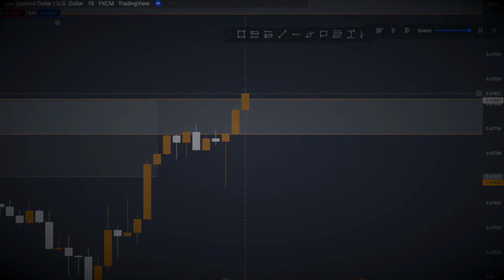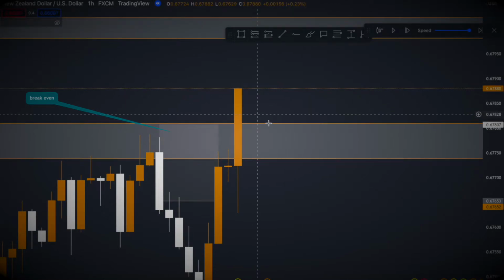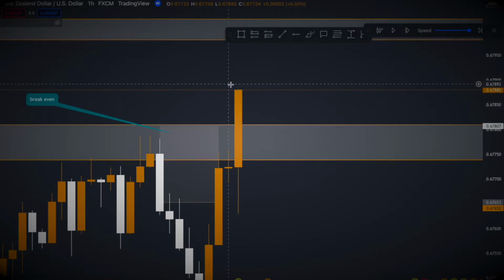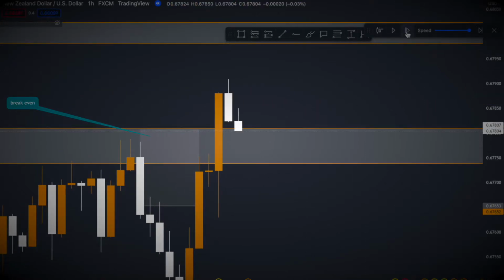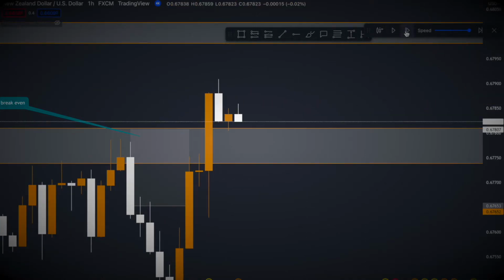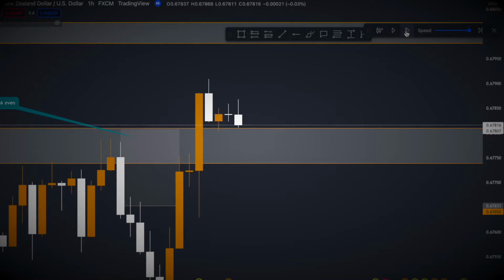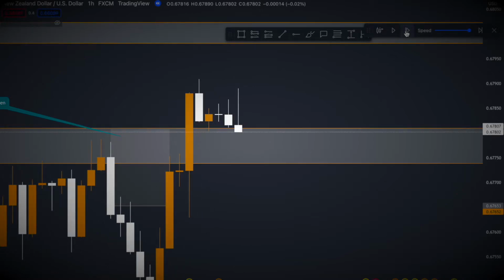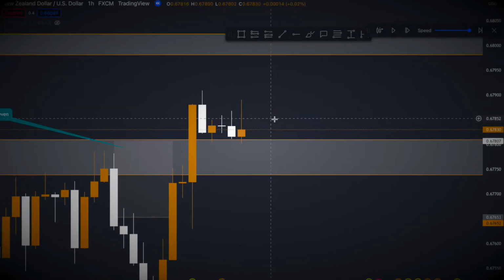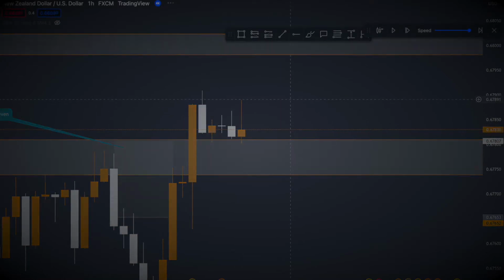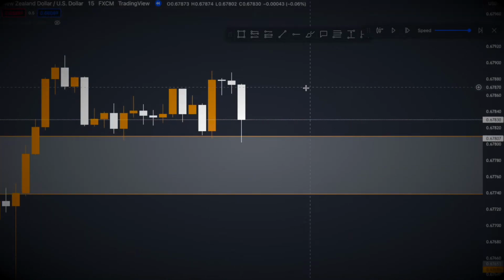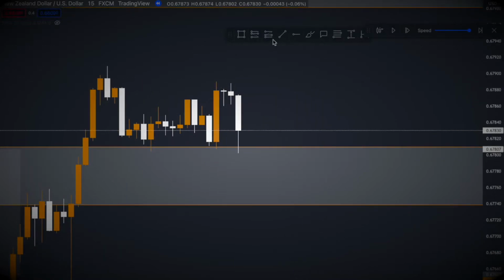Now I'll go to 60-minute and I would want to see 2 wick rejections in this zone. So it's broken out. 1, 2 wick rejections. This is 1 wick rejection. That's not a wick rejection. There, 2. So now I'll go to 15-minute and I'll look for some sort of bullish candle so I could enter a buy.